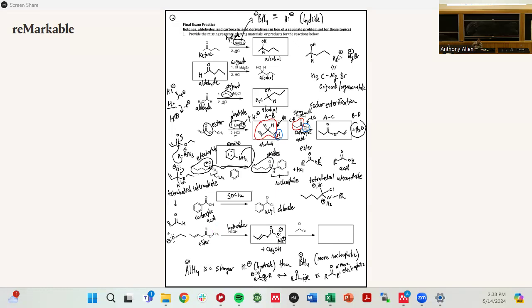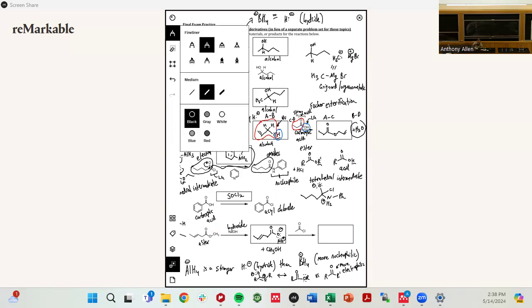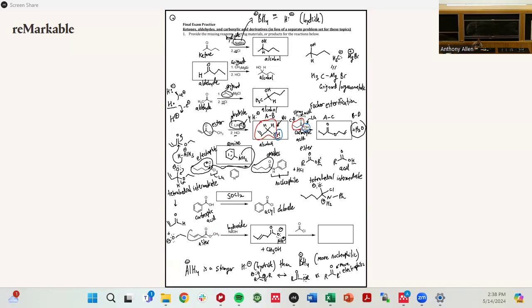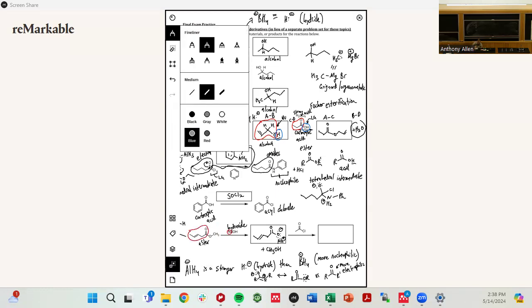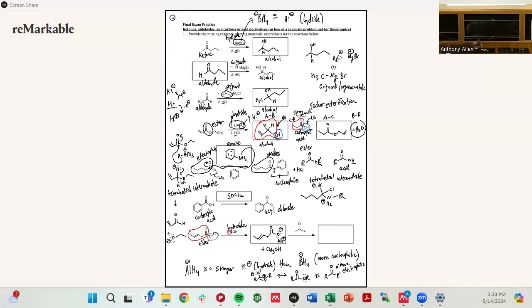So once again, what we've done is essentially swap that, and that, and that.